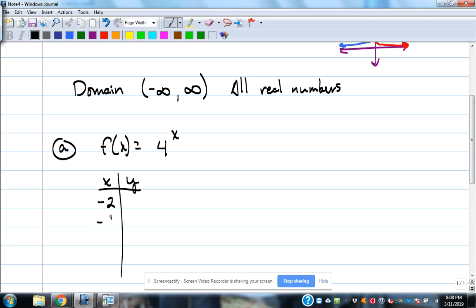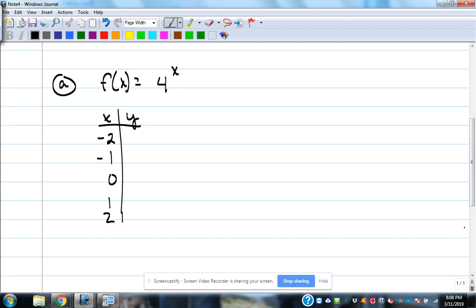If I started at -2, -1, 0, 1, and 2, I think that'd give us a good idea what's going on there. 4 to the -2 power is 1 over 4 squared, which is 1/16. 4 to the -1 is 1/4. 4 to the 0 power, anything to the 0 power is 1. 4 to the first power is 4. And then 4 to the second power is 16.